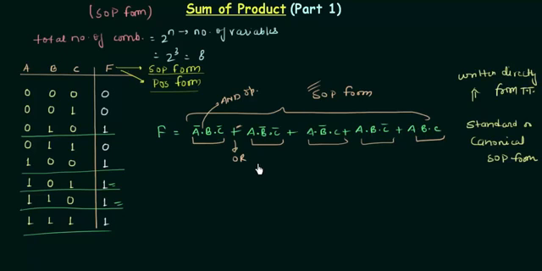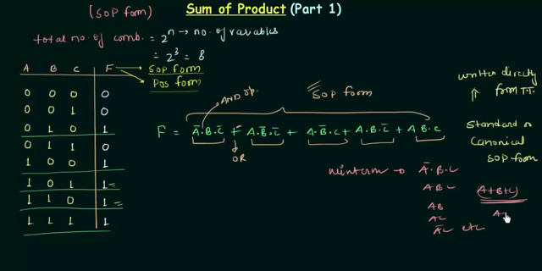But before that, let me explain you one important thing, that is the min term. The min term usually looks like A complement B C, A B C, A B, A C, A complement C, etc. I'm calling it min term because if I write A or B or C, this is the max term.